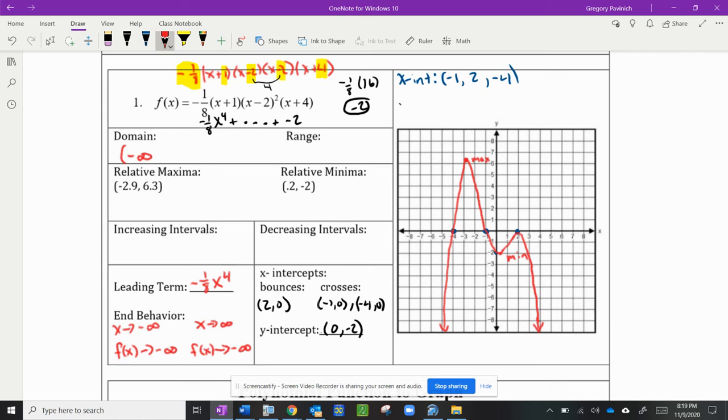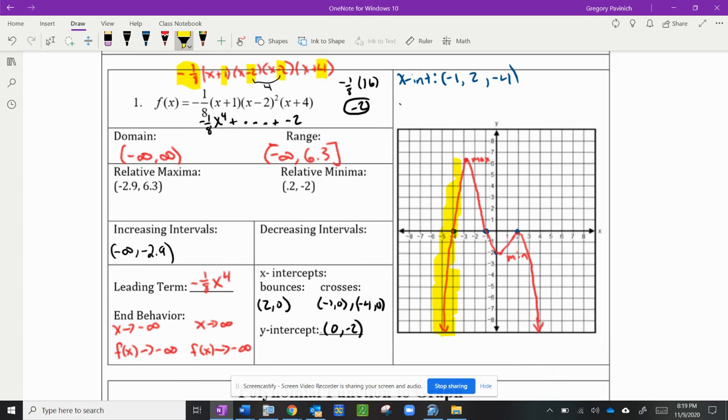Domain, easy one. My range, well, this was -infinity to my max of 6.3. My increasing interval, I describe that by the x values, from the left, negative infinity, all the way to the x value of my maximum, negative 2.9.